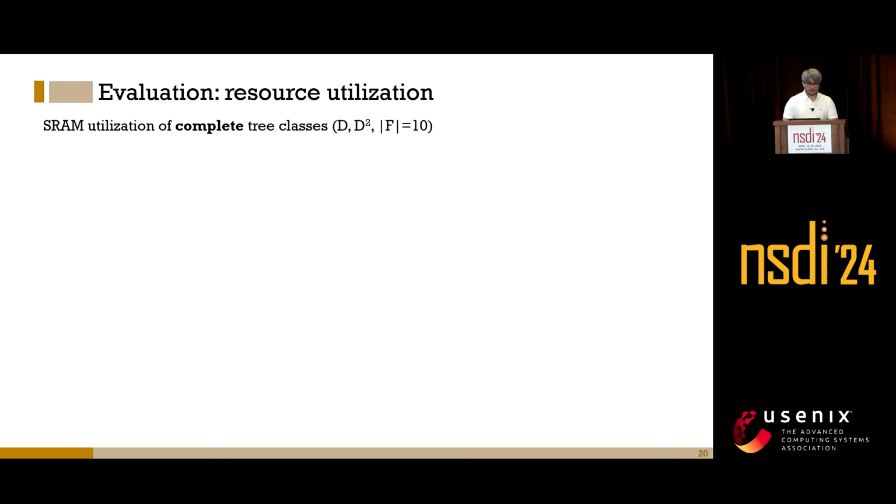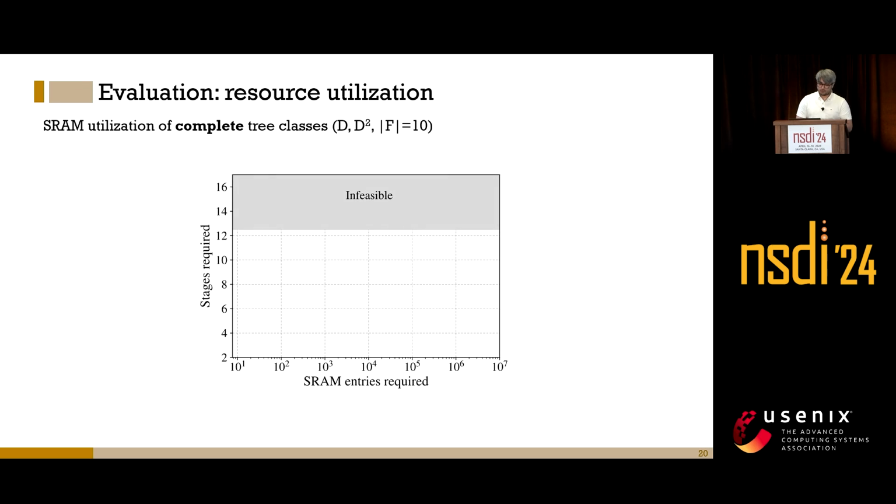So let's begin by looking at the SRAM utilization for complete trees using 10 features. On the x-axis here, we have the number of SRAM table entries required. On the y-axis, we have the number of switch stages required. And in the gray region, we show designs that are not feasible on a Tofino switch.